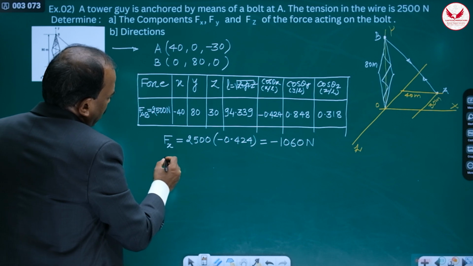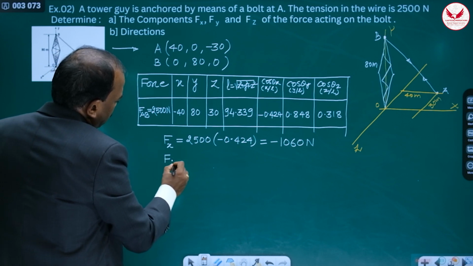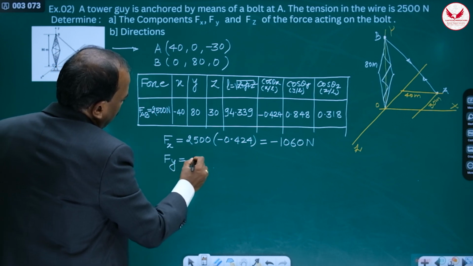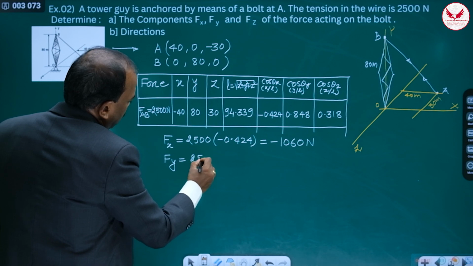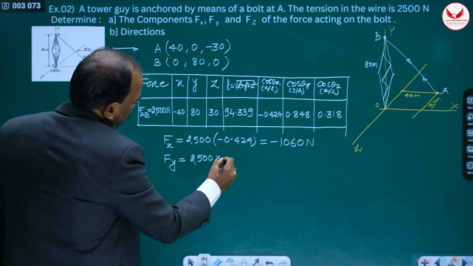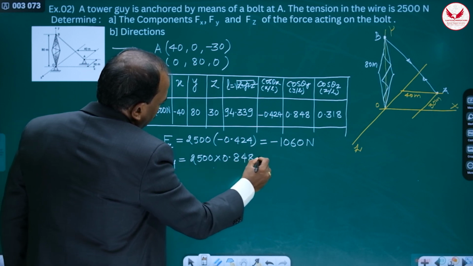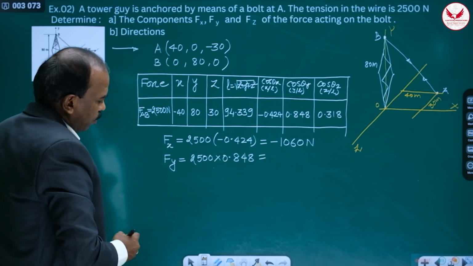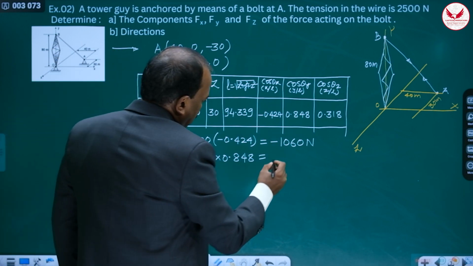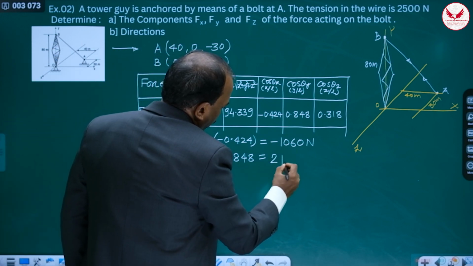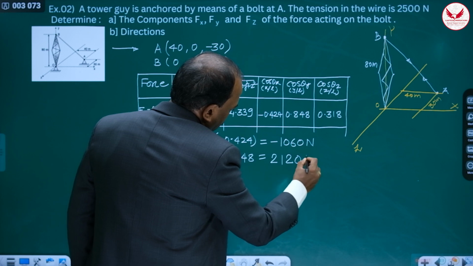Then Fy is going to be 2500 into 0.848, double of this, it is 2120 Newton.